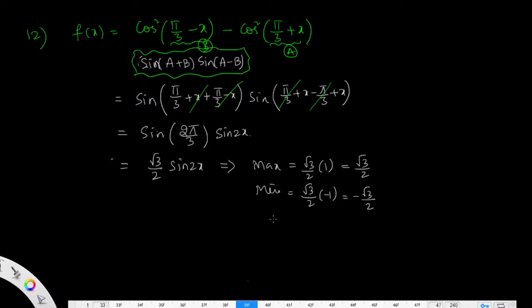Sin 2 pi by 3 is sin 60, that is root 3 by 2, into sin 2x. Sin x belongs to the interval plus 1 and minus 1, so sin 2x also belongs to the interval minus 1 comma plus 1 only. Then simplify, the range of the function is minus root 3 by 2 comma plus root 3 by 2. That's all. This is question number 12.